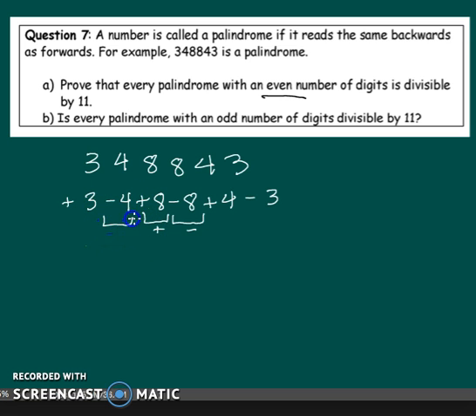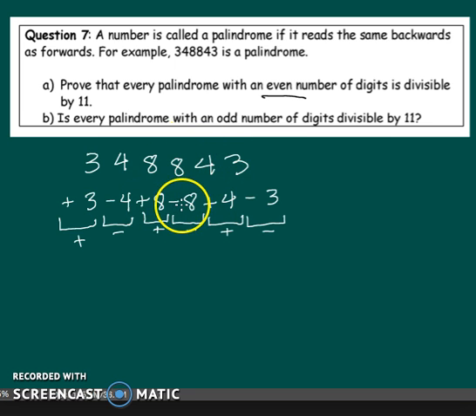So here I've got a negative 4, and here I've got a positive 4. And once again, the two numbers on either side of those will be the same and have opposite signs. So you can easily see how all those numbers cancel each other out.